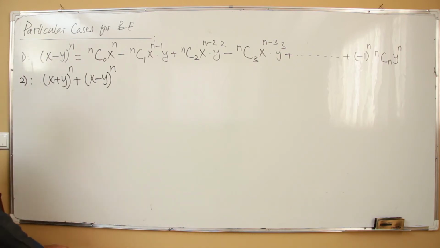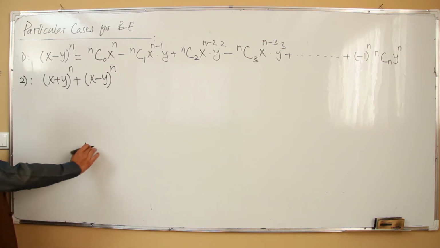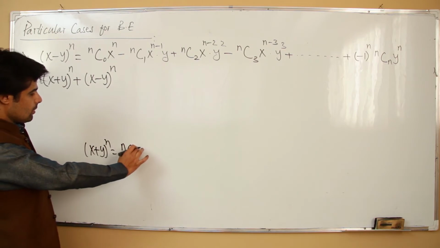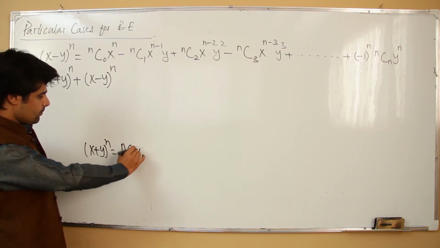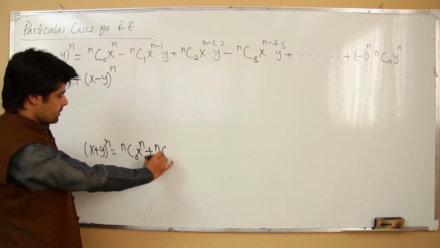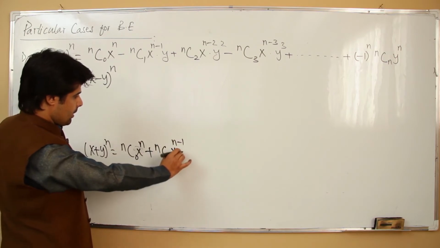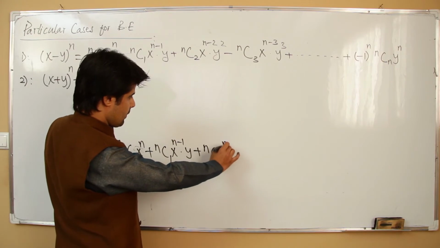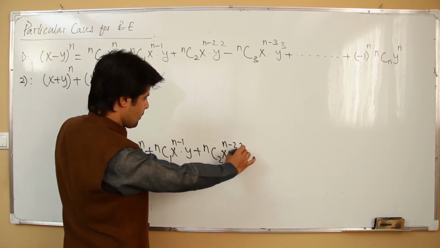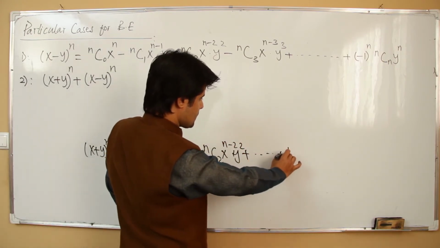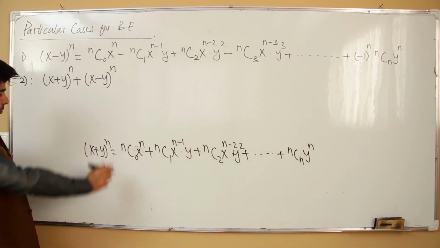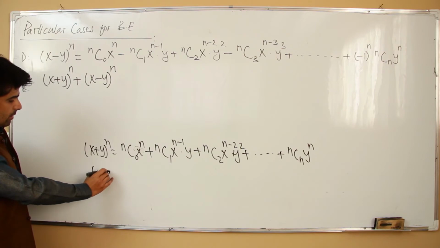First, you know that the first equation, (x + y)^n, is nC0 x^n + nC1 x^(n−1) y + nC2 x^(n−2) y^2 up to plus nCn y^n. The second equation is (x − y)^n.